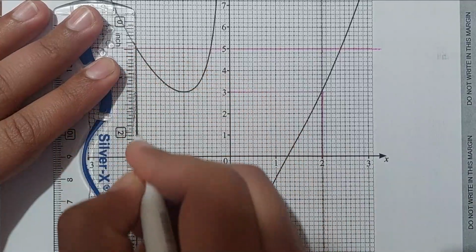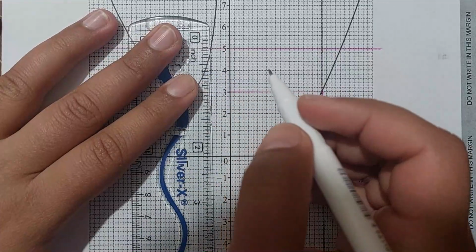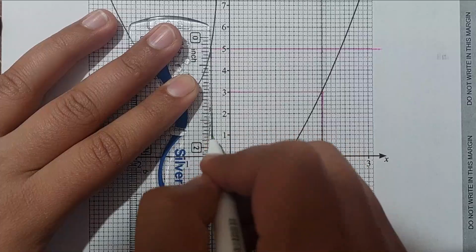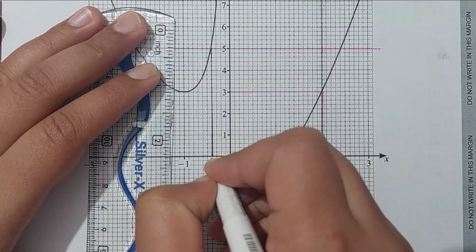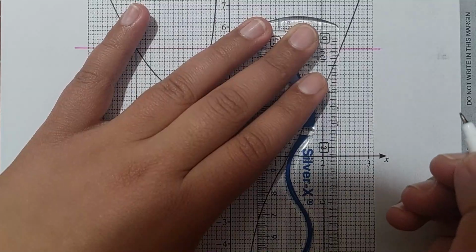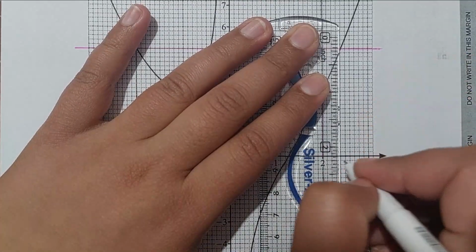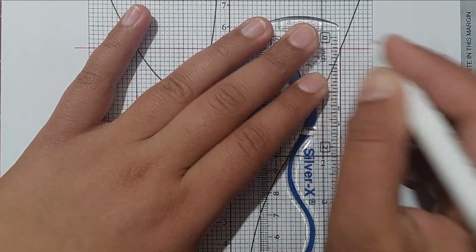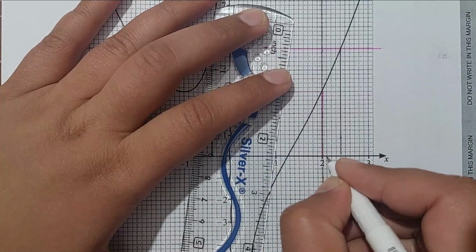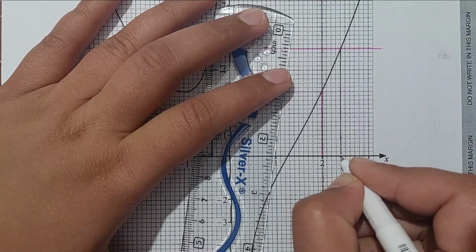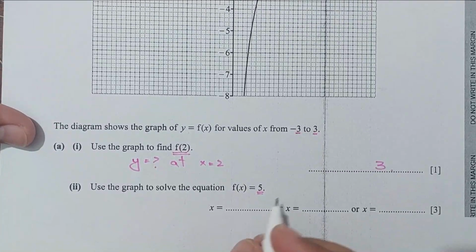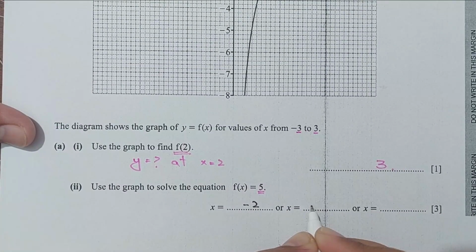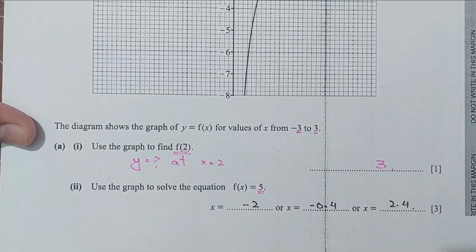Then one solution is negative 2, the other solution is negative 0.4, and the third solution is 2.4. So the x values are negative 2, negative 0.4 and 2.4.